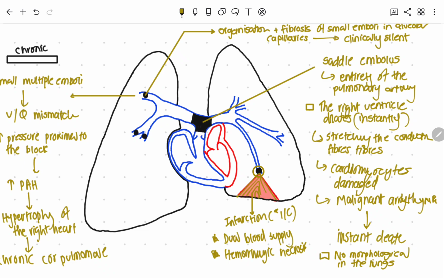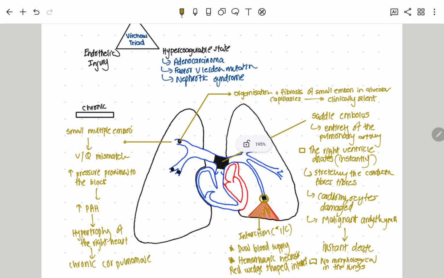Wedge-shaped is something that you should be very familiar with in terms of infarction presentation. You're going to basically have a red wedge-shaped infarct. And the apex of this infarct points towards the point of obstruction, as it would in any other obstructive ischemic necrosis. And that should basically cover the major manifestations that are seen in the case of a pulmonary embolism.